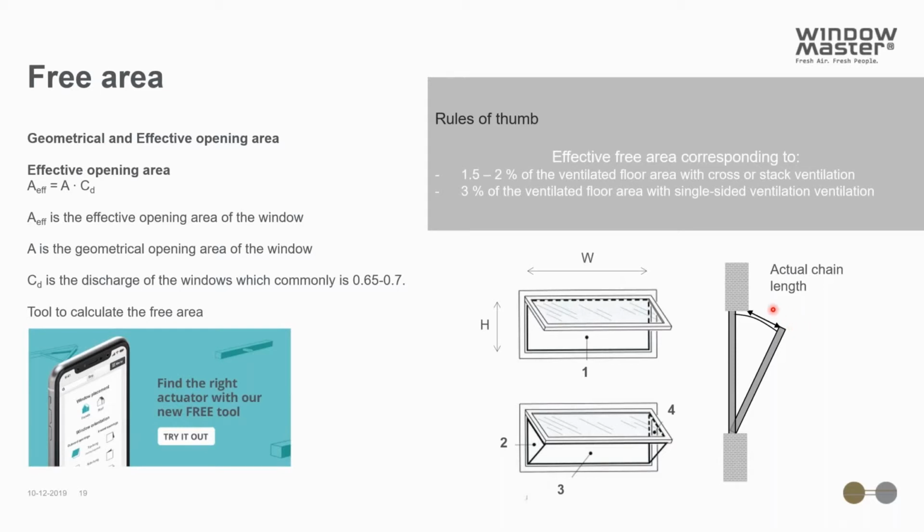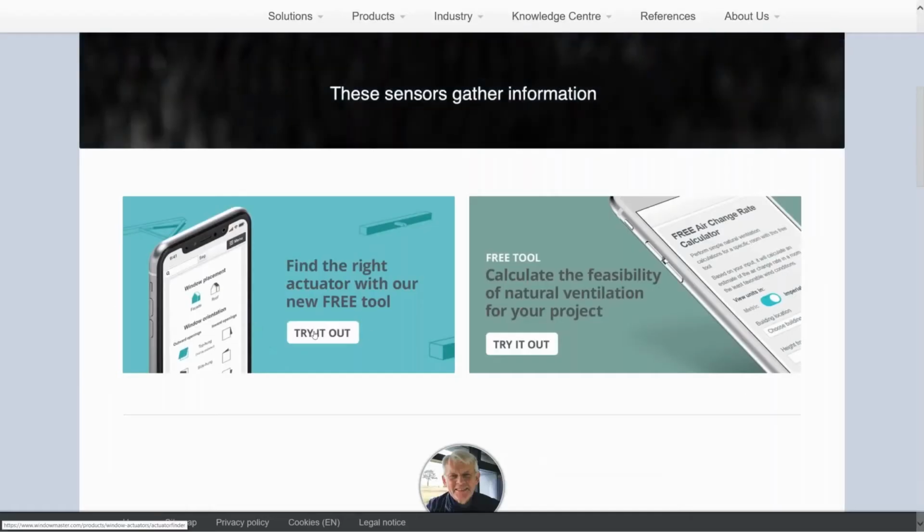Another issue can be if the facade is actually covering the sides of the window, then the free area of the side of the window will of course be much smaller than if you just calculate the basic geometry of the window. So that's really something that you should think about when calculating the free area. And on our website, we have a tool, the actuator finder, which I can show here.